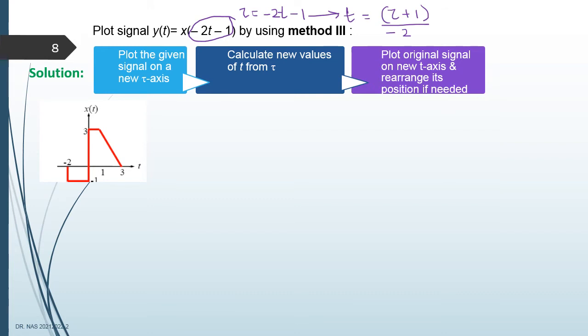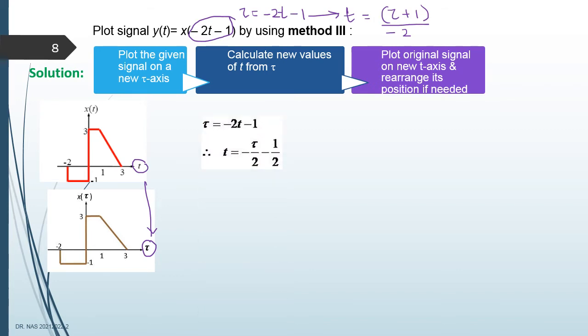First you need to plot the given signal on a new axis. The given signal is originally in the t-axis, so you need to replace t with tau. As simple as that. All values remain the same, in t and the amplitude. Next, you need to calculate the new values of t from tau. We know that tau equals whatever equation is inside the bracket, so you can get the equation of the new t.